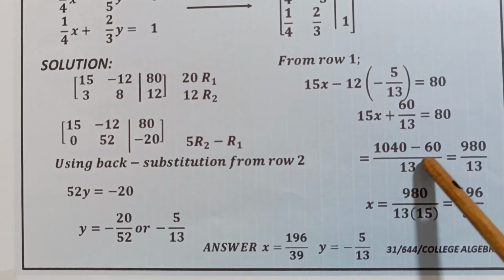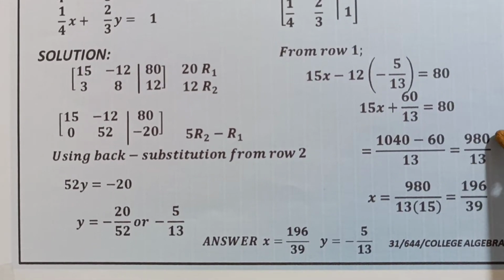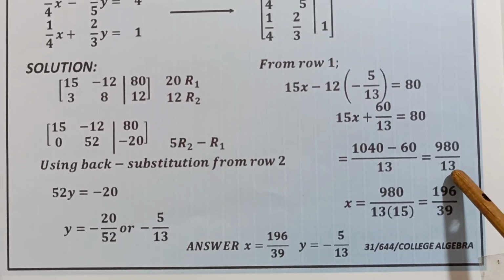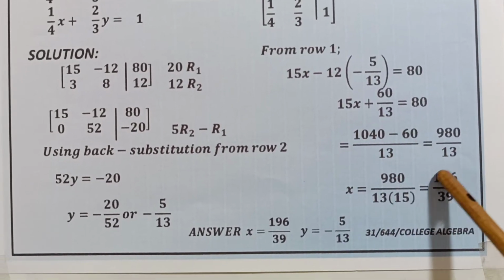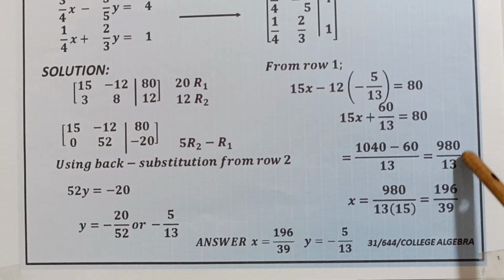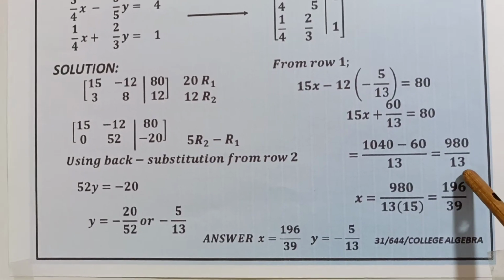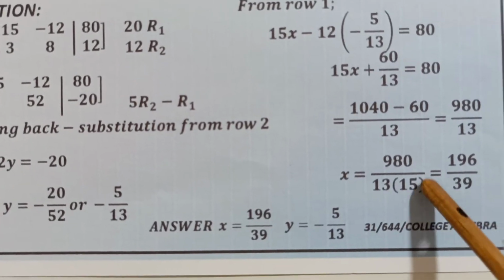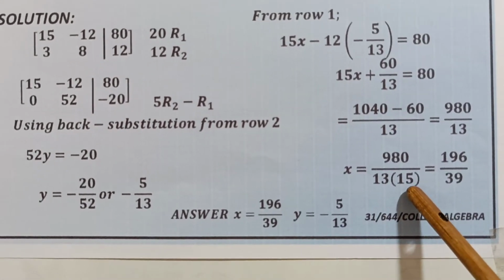So 1040 minus 60 is equal to 980 over 13. To get the value of x, we divide both sides of the equation by 15.